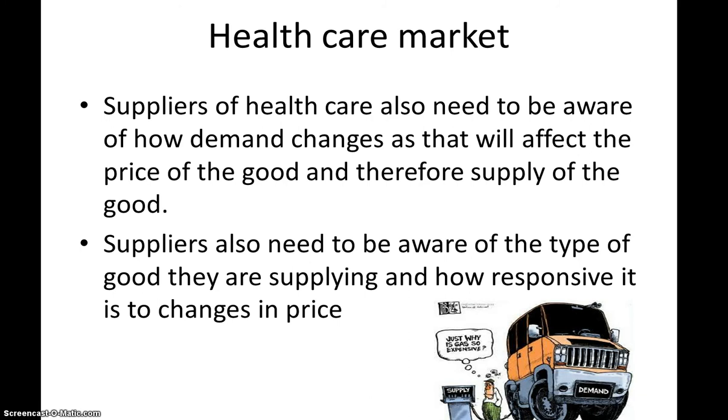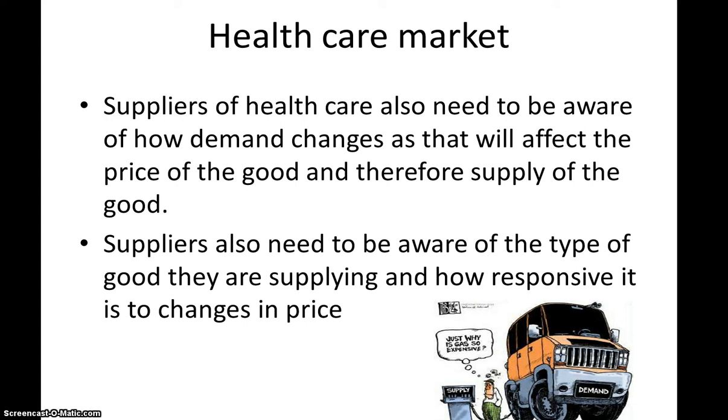One thing to note with regard to suppliers of healthcare is that they also need to be aware of how demand changes, as that will affect the price of their good and therefore the supply of the good. Suppliers also need to be aware of the type of good they are supplying. Is it a normal good? Is it an inferior good? Is it a luxury good? So what kind of good or product are you supplying?